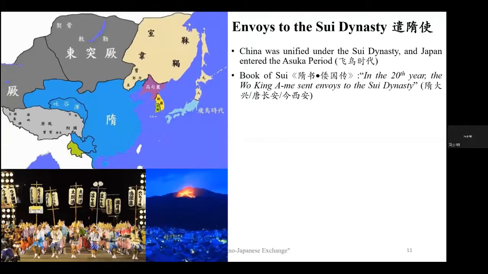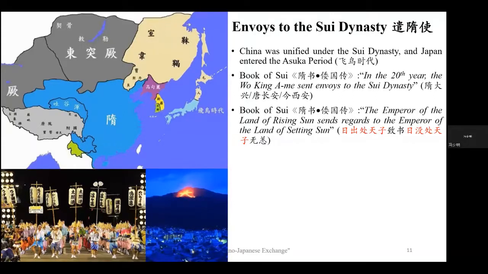So China was finally unified under the Sui dynasty, and at the same time, Japan entered the Asuka period, which in Chinese we call the Feiniao Shidai. And you can see on this map, now China has been unified in blue color under the Sui dynasty. At this time, in the 20th year, the Wa king from Japan sent envoys to the Sui dynasty.